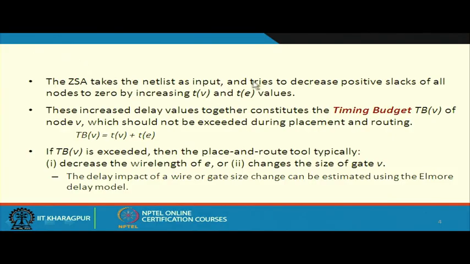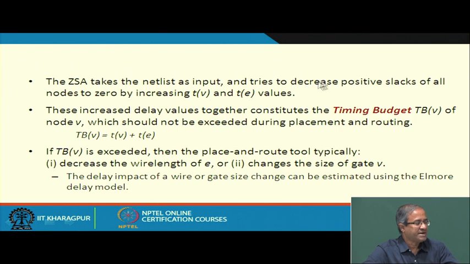So, once I have a netlist with the slack values calculated and the slacks are positive, we start from that point. So, we try to decrease the positive slacks and try to make them 0. So, how are we trying to decrease the positive slacks? Slack is what? Required arrival time minus actual arrival time. So, how can I reduce the slack?